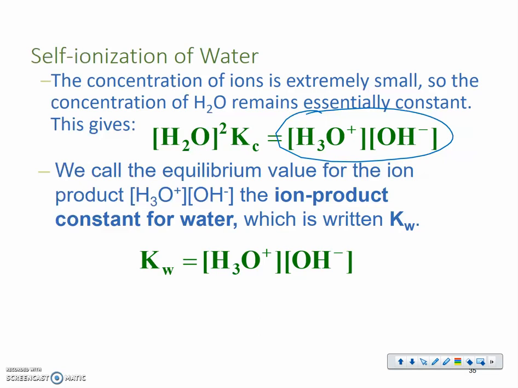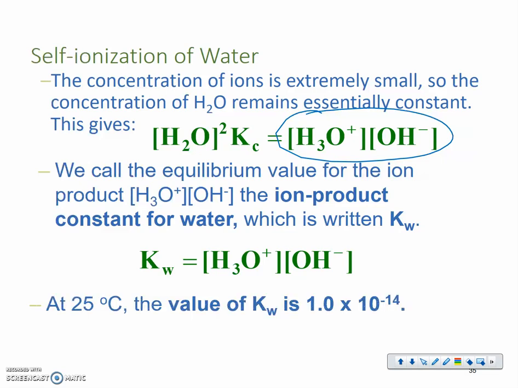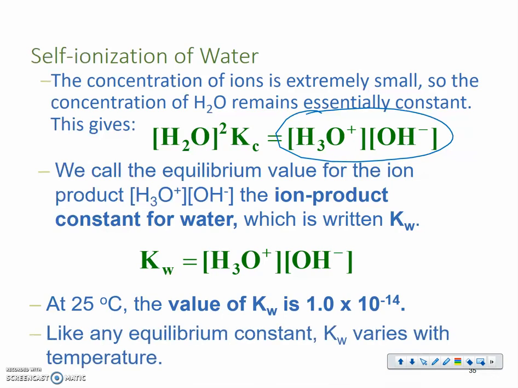Kw is equal to the concentration of hydronium ions times the concentration of hydroxide ions for water. At 25 degrees Celsius, it has a value of 1 times 10 to the negative 14th. So it's a constant value at that temperature. But if you change the temperature, then it does change, because we already know that temperature varies the K constant.